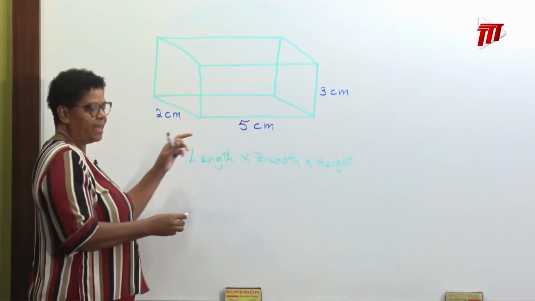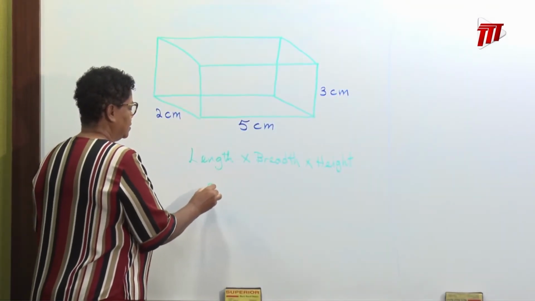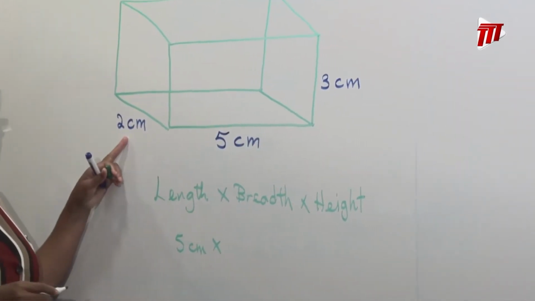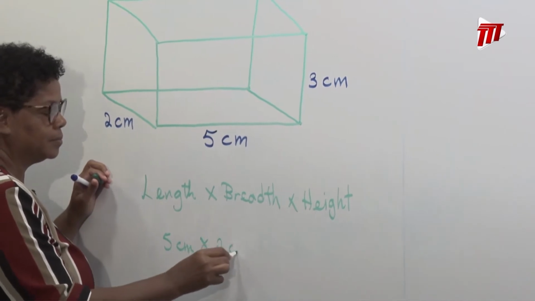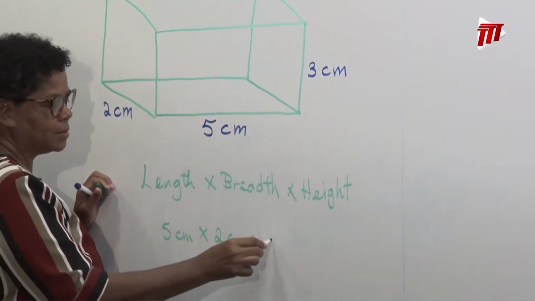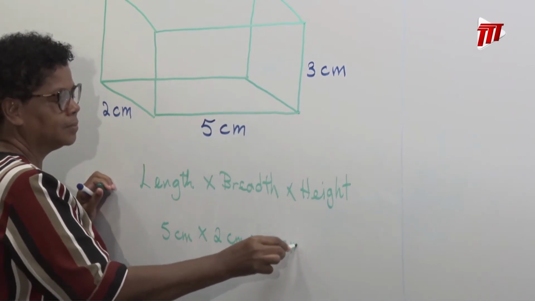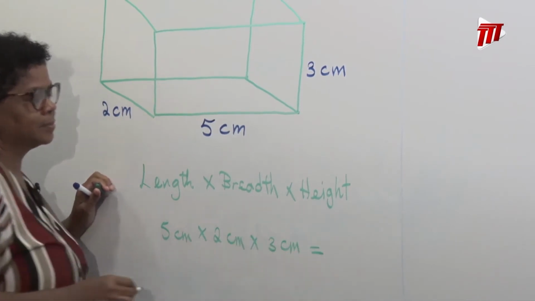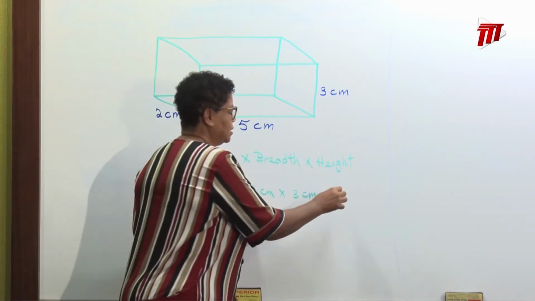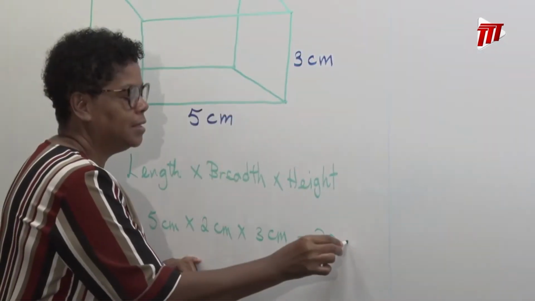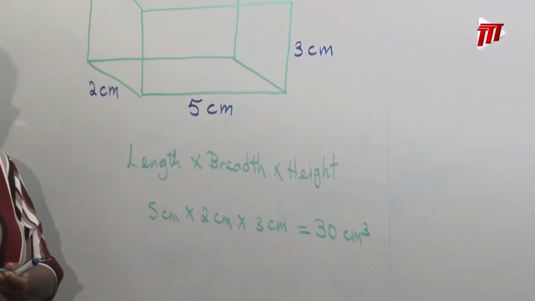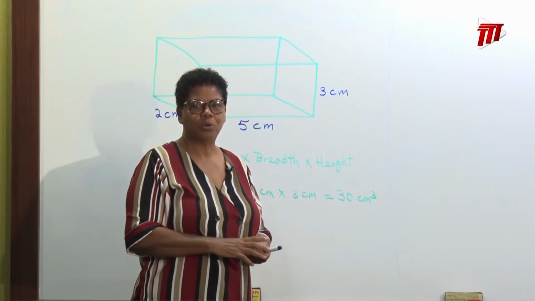Our length is 5 centimeters. 5 centimeters multiplied by 2 centimeters multiplied by 3 centimeters. 5 2s are 10, 10 3s are 30. 30 cubic centimeters. On the table here we have a cuboid we can check.